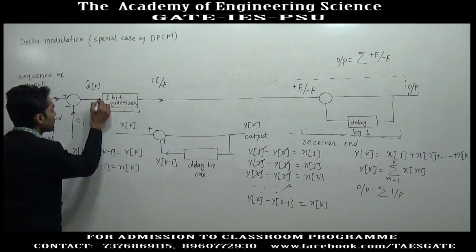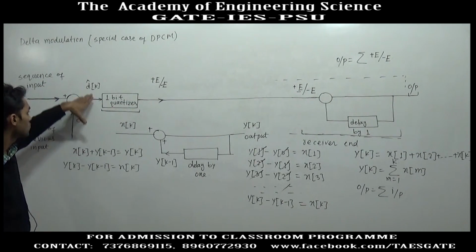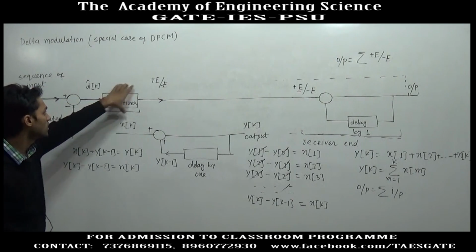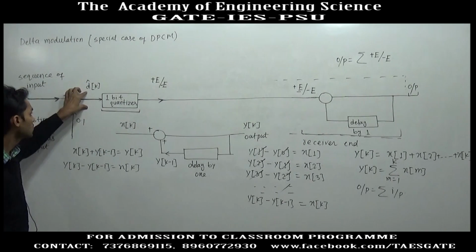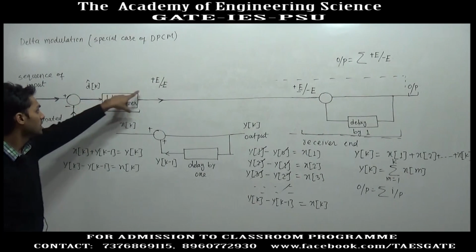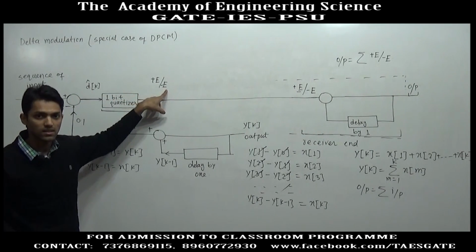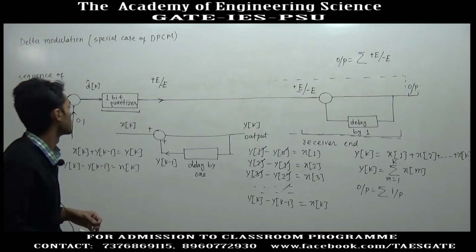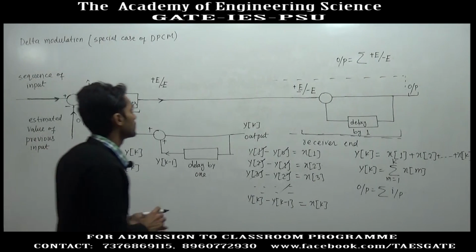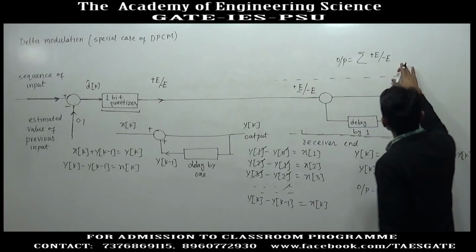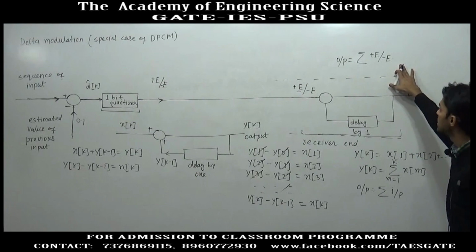The positive value may vary, but corresponding to all the positive values, the output of quantizer will be plus E, and corresponding to all the negative values, we will get the same minus E value. So, this is the meaning of quantizer. Similarly, the output will be the summation of all the positive thresholds or negative thresholds.